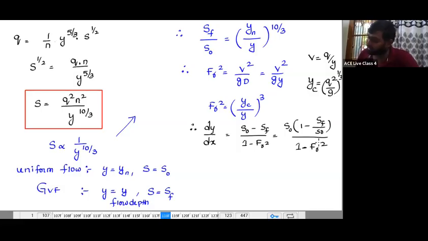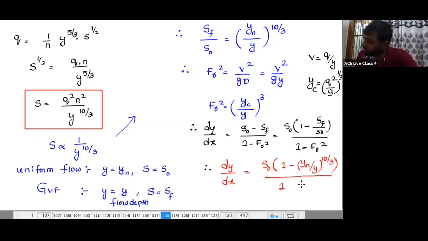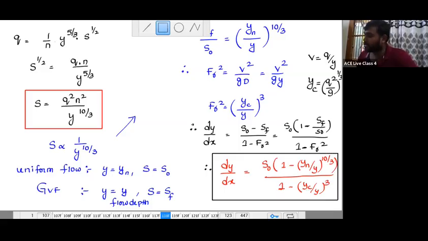So now you see the final equation of dy by dx is equal to S naught into, what is Sf by S naught? 1 minus Yn by y whole to the power of 10 by 3 by 1 minus, what is Fr square? Yc by y whole cube. And this is the equation which is going to be the source for us to analyze the flow.